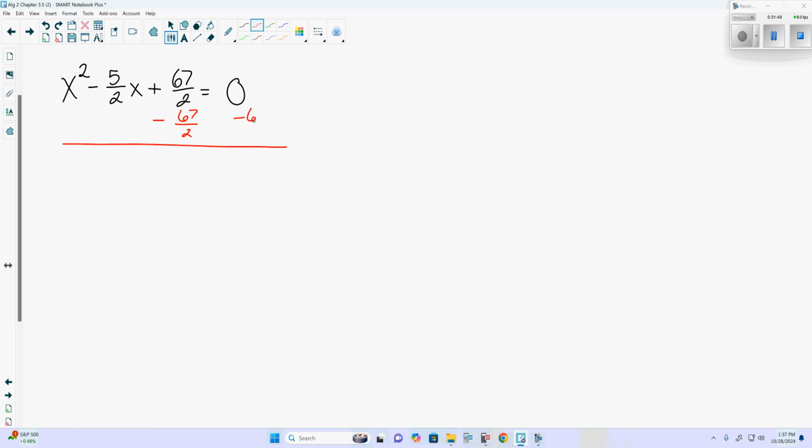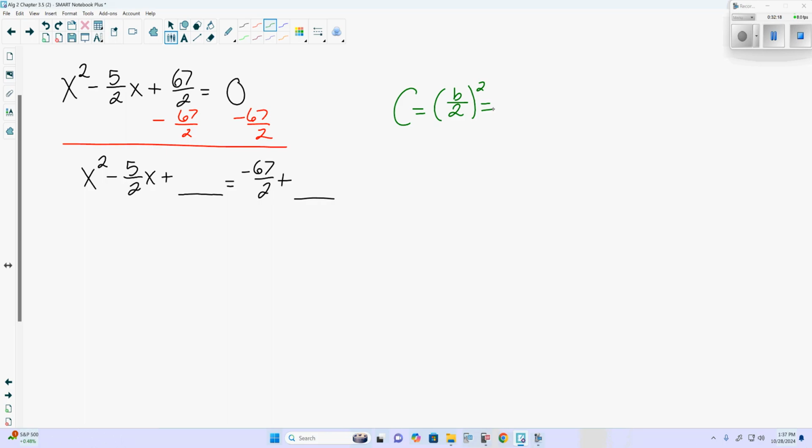Luckily for us, the only thing we have to do is subtract 67 halves from both sides, telling us that x squared minus 5 halves x plus blank is equal to negative 67 halves plus blank. Questions on this so far?